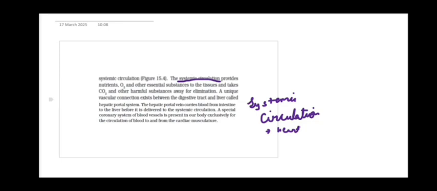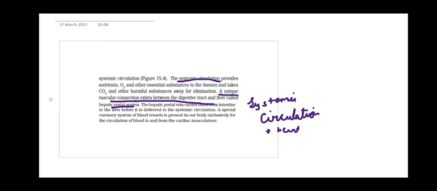Now see one thing, it's written here: a unique vascular connection exists between the digestive tract and the liver called the hepatic portal system. So this was asked in your question. This vascular connection between the liver and the digestive tract comprises the intestine.